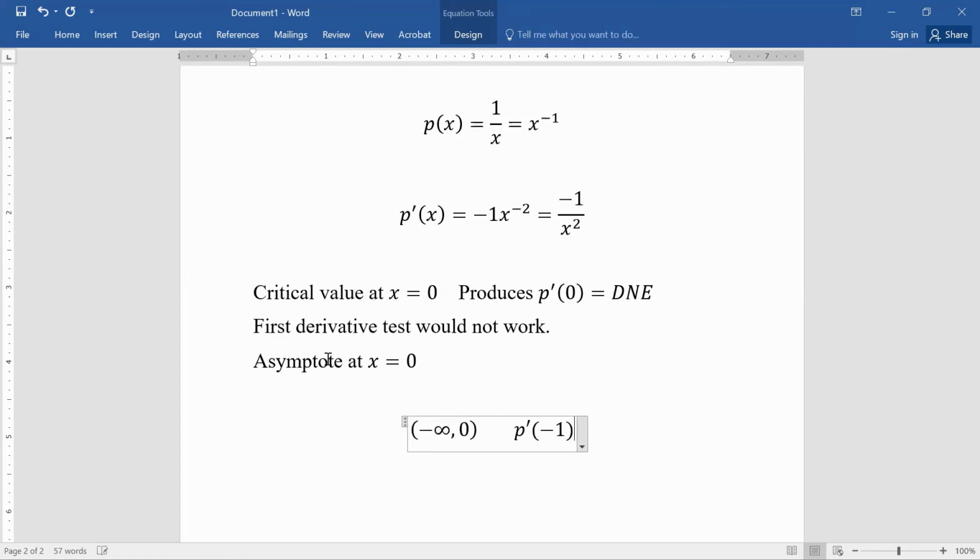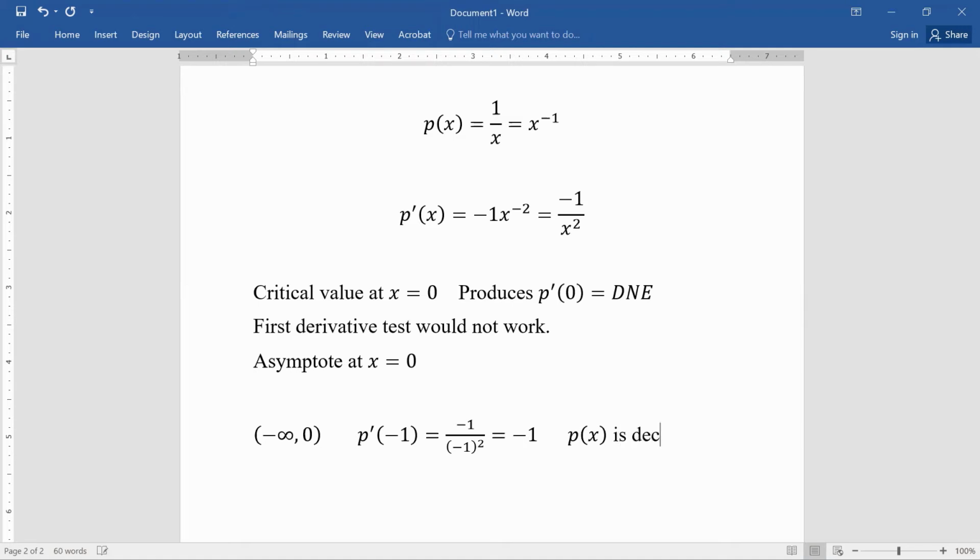We would get an output of -1 over -1 quantity squared, which is -1. So my function p of x is decreasing from negative infinity up to 0.